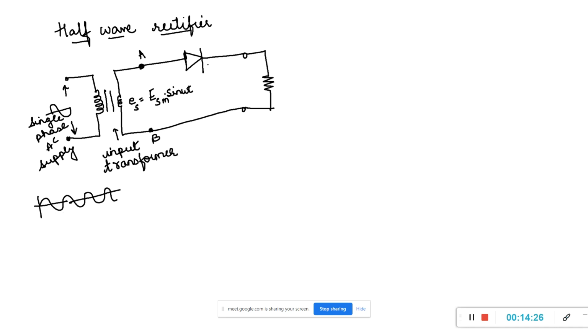So this is the diode. We have here the RF resistance, this is small f.